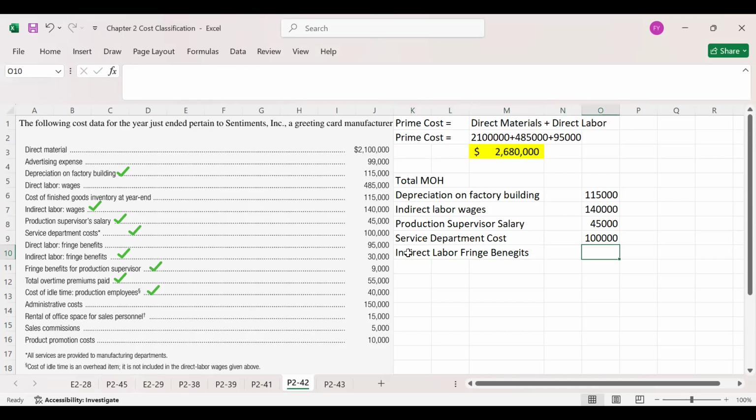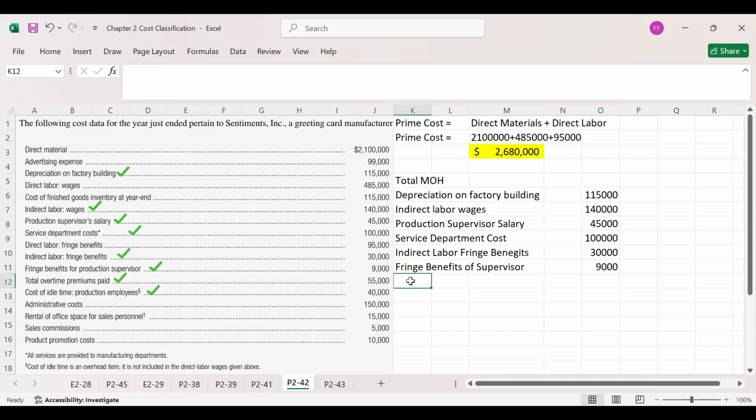Indirect labor wages and fringe benefits, all these are part of MOH. Then the fringe benefit of the production supervisor is 9,000.